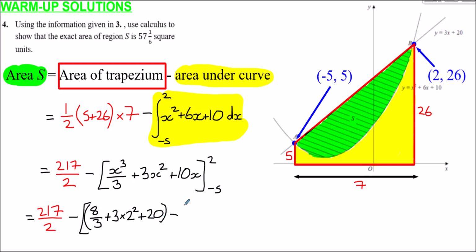I'm going to minus off from that when x is -5. So x cubed is -125/3. And 3 times x squared, well, if x is -5, x squared will be 25. 3 times 25 is 75. And then 10 times -5 is -50.